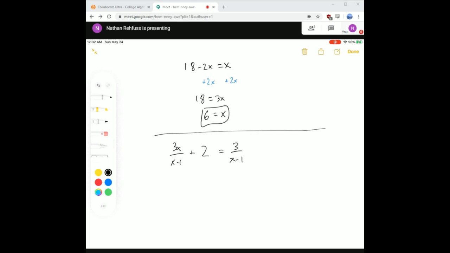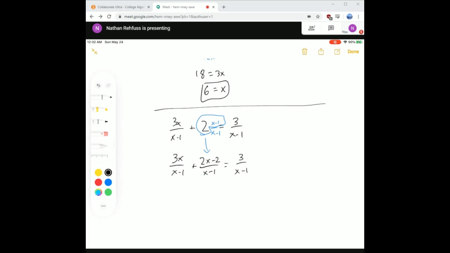I want a common denominator. Well, all I need to do to get a common denominator is multiply this 2 by x minus 1 over x minus 1, and I got it, right? Because that's 3x over x minus 1 plus, got to distribute, 2x minus 2, right? Over x minus 1, I'm multiplying that 2 into the numerator. That's where I'm getting this 2x minus 2. That equals 3 over x minus 1.